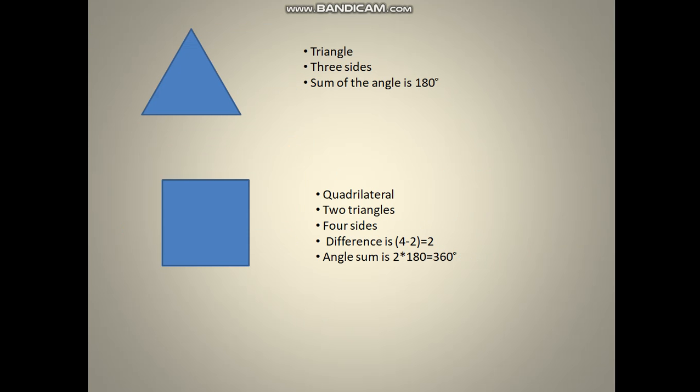You should remember: the quadrilateral has two triangles and four sides. The difference is 4 minus 2, which is 2. And the angle sum is 2 into 180 degrees, which equals 360 degrees.